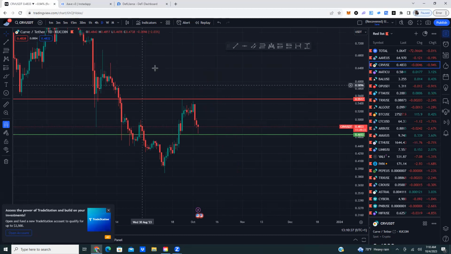As long as price is moving on a daily time frame inside of this price range, then you can hold your collateral in this asset. Once the asset starts to break out of and trade below this green line, you're now going to turn your debt into this particular asset. Let me show you what that looks like.